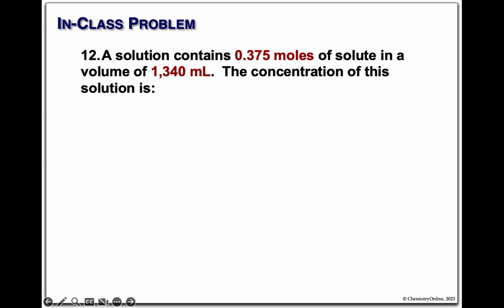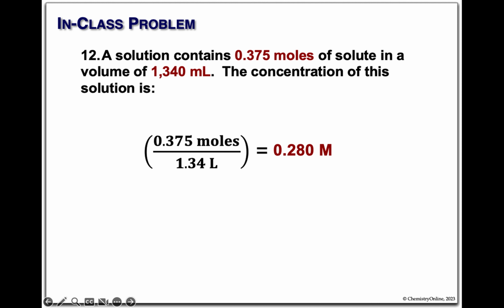Okay, we remember moles divided by volume in liters, it must be liters, gives us molarity, simply moles per liter. All we have to do is substitute 0.375, change milliliters to liters, so divide by 1,000. 0.375 divided by 1.34. That's so simple, I could do it. 0.28 moles per liter.